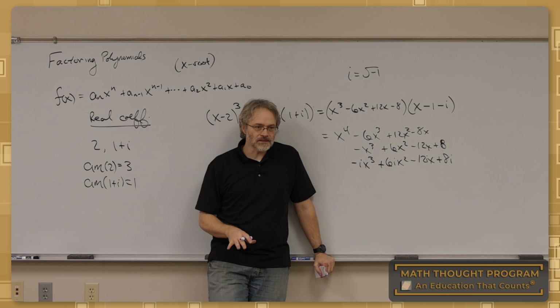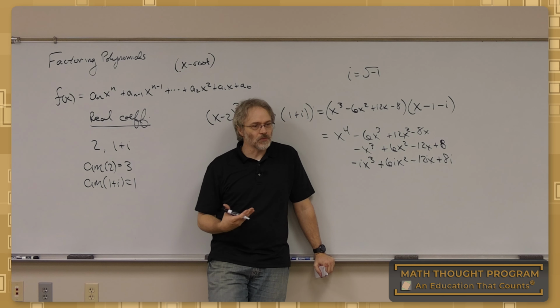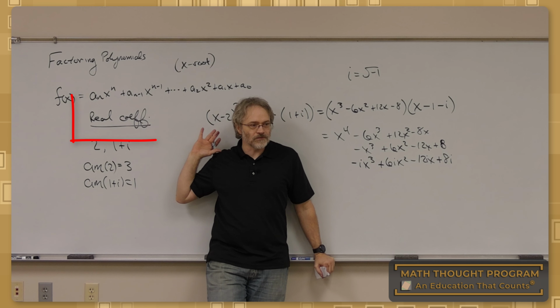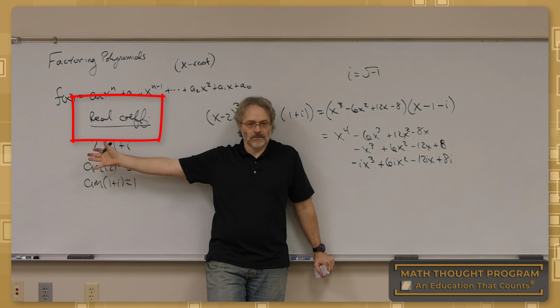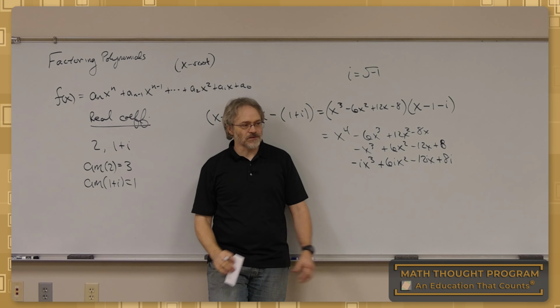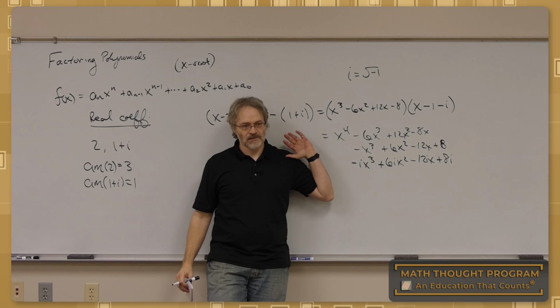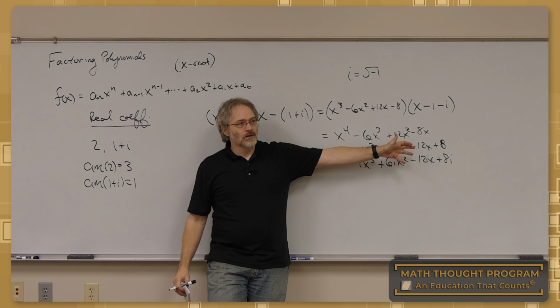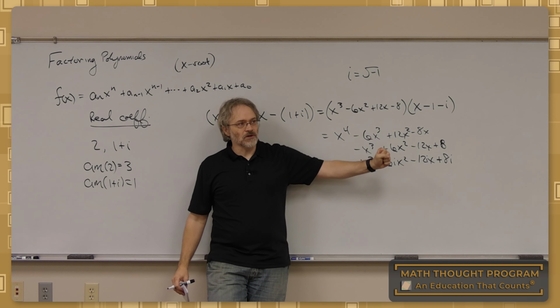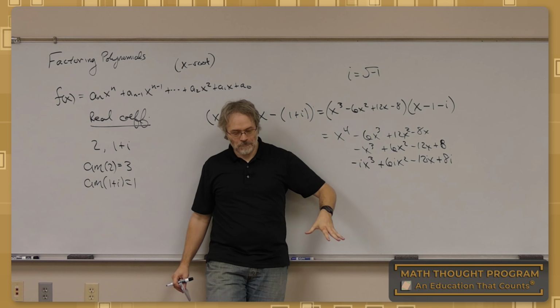And the problem is, we're trying to generate a polynomial which has what kind of coefficients? Real. What kind of coefficients do I have here? Not real. They're complex. So here's the deal.